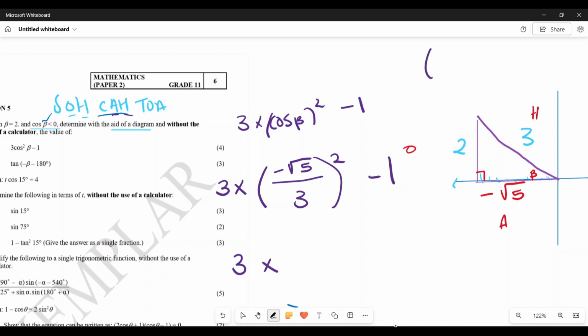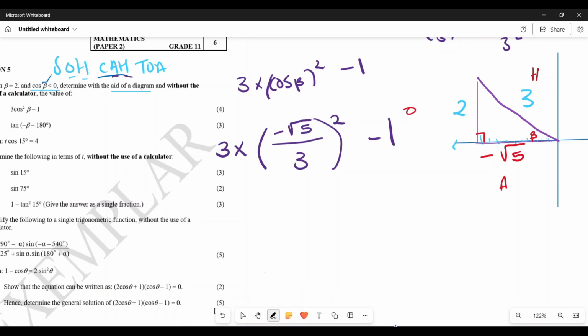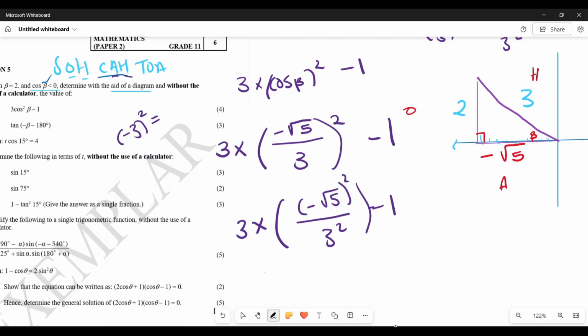If you have something like 2 over 3 squared, this is the same as 2 squared over 3 squared. As a result, this is going to be 3 multiplied by negative square root of 5 squared, all over 3 squared, minus 1. Now remember, anything squared is a positive. For example, if I ask you to find negative 3 squared, your answer would always be a positive value.